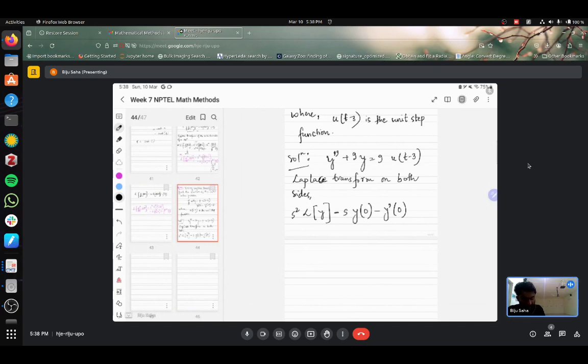So that is from the first term. The second term is the Laplace transform of the function itself. And on the right hand side you have to carry out the Laplace transform of the step function. So from the previous exercises we can write this to be e to the power minus 3s by s. Because the threshold is at 3, remember I said you have to keep in mind just the threshold. So that is the threshold 3 I have put here.